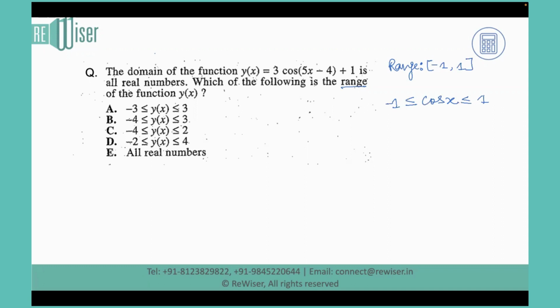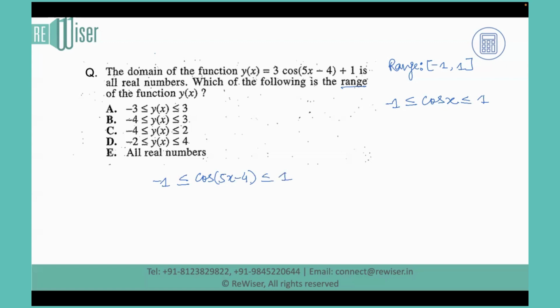Any angle we put in place of x, the result would always lie between minus 1 and 1. Since I know the range for cos x, the range for cos of (5x minus 4) would also be from minus 1 to 1.